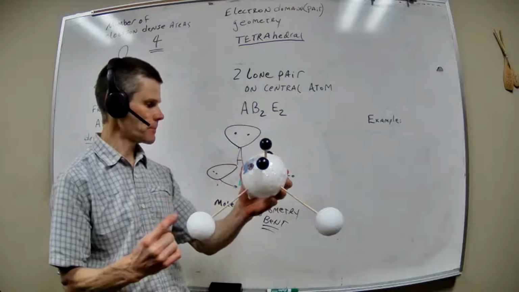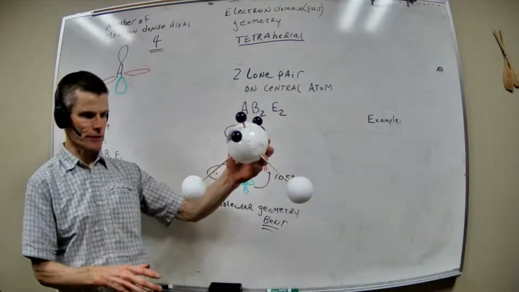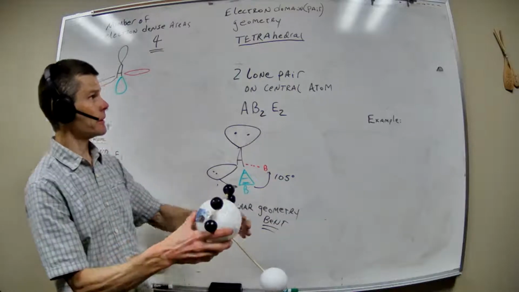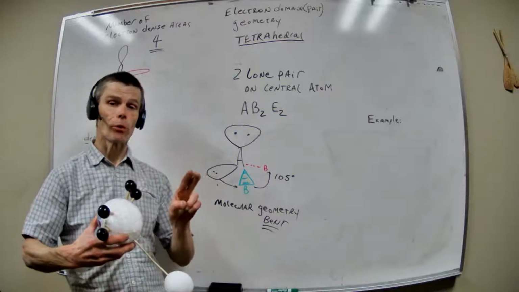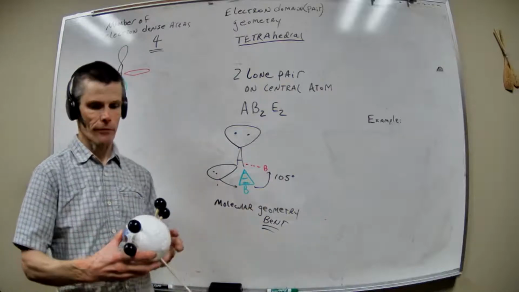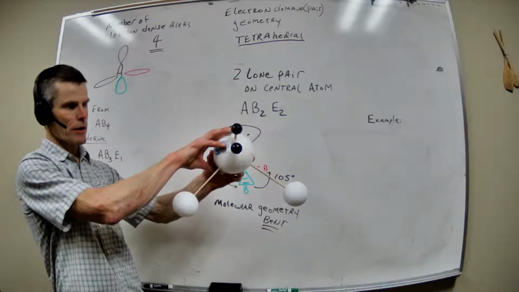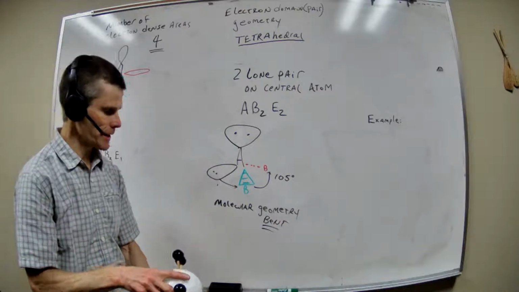And this is a bent molecule, bent molecular geometry that hopefully we can see there. 2 lone pair of electrons. It's derived from a tetrahedral. And the bond angle, which is important, is 105. And that's what the model is going to look at. Remember, what we see are the atoms, not the lone pairs of electrons. They're tiny.